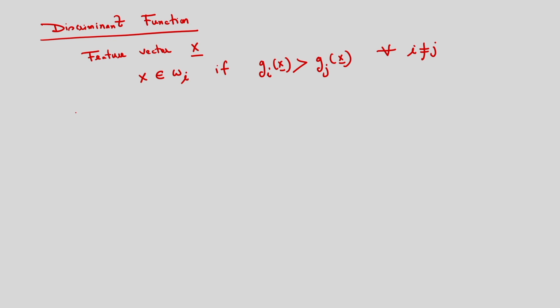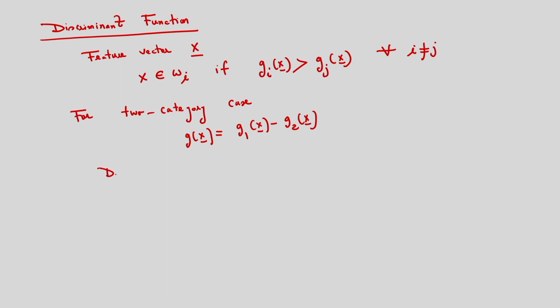So if I consider the two-category case, this I can write like this: g(x) is nothing but the difference between g1(x) and g2(x), g1(x) minus g2(x).